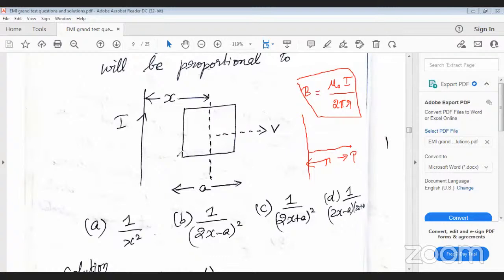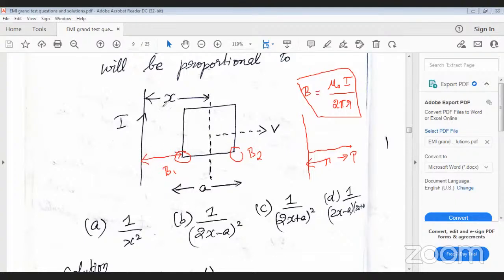So here at this point you need to find out the magnetic field, that is B1, and at this point the magnetic field is B2. When you want to find out the magnetic field at this point, mu naught I by 2 pi are all constants. R means the distance from the current carrying wire. So the distance of this point from this wire you need to find out.